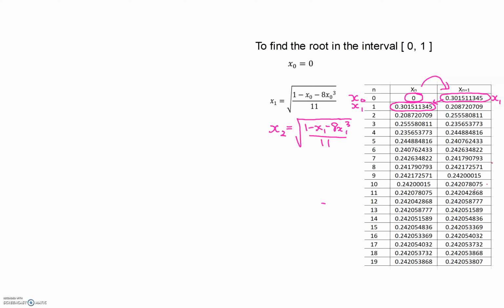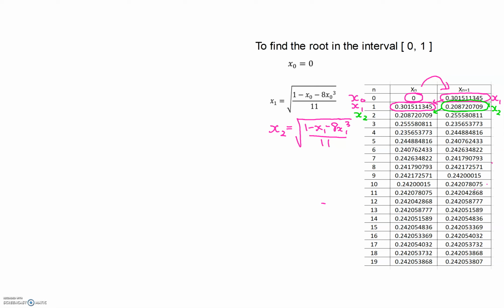And if we then substitute in x1 into that formula, we then generate x2. And you can see from the table that the value of x2 is 0.208720709, and that is x2, which is then transferred across and substituted in, and so x3 is then generated.